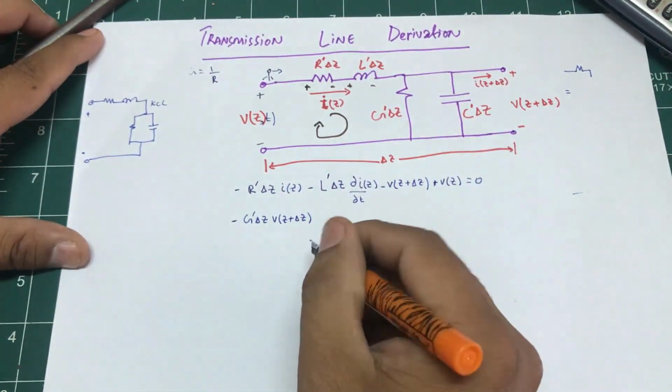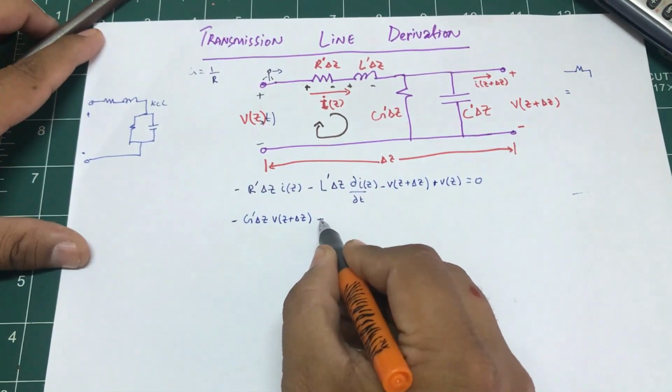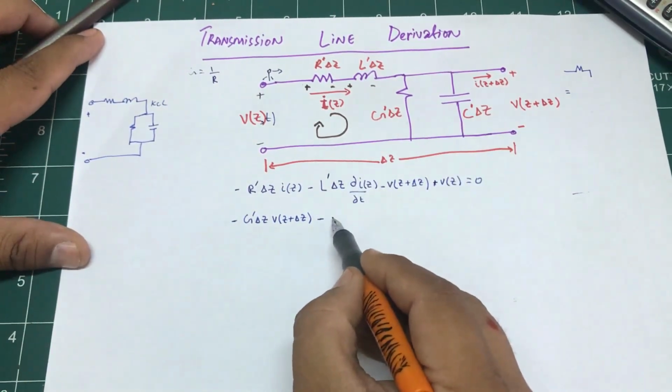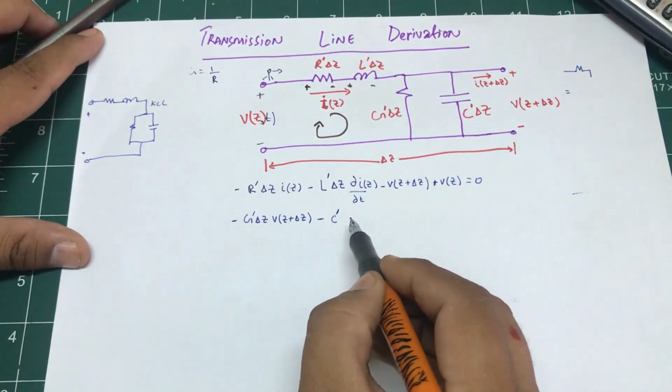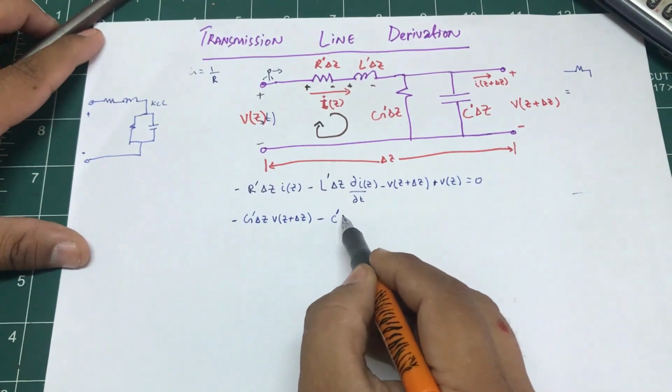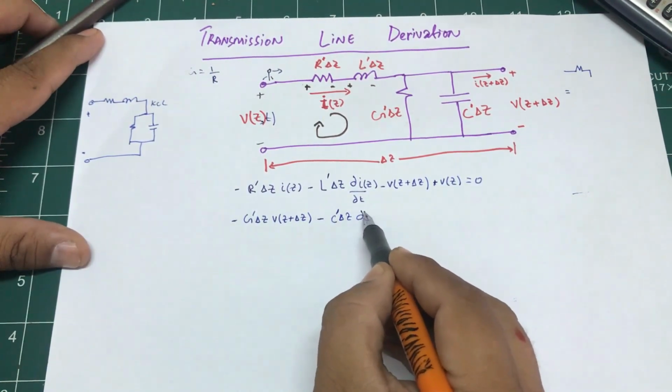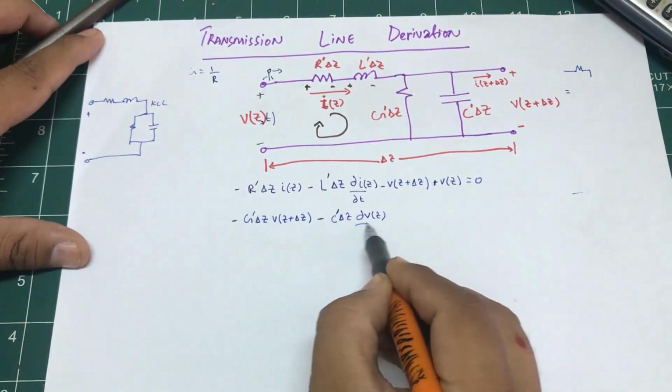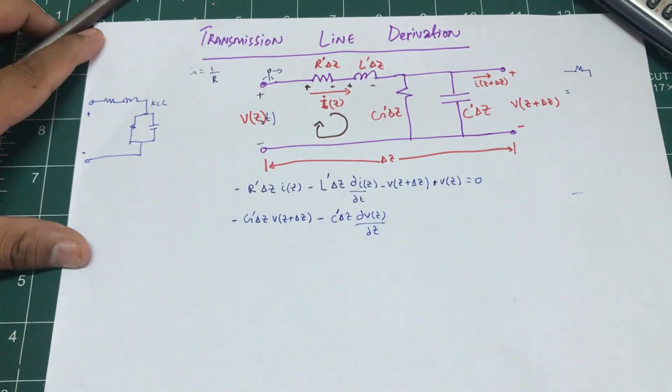Current is splitting, voltage is remaining the same, minus C, while capacitance likes to take a change with respect to voltages, delta Z dV of Z dZ.